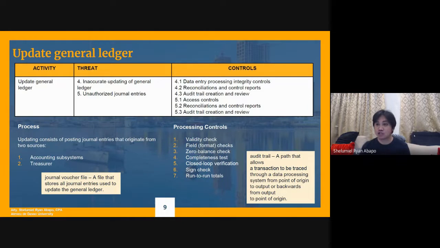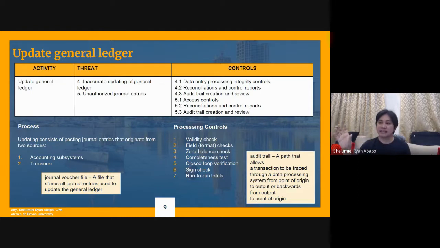Another verification class, number 5, would be the closed loop verification. Itong closed loop verification, it matches now the account numbers with the account description to ensure that the correct general ledger account is being accessed. So for example, ipapakita ng user interface natin dyan na ito yung account code.